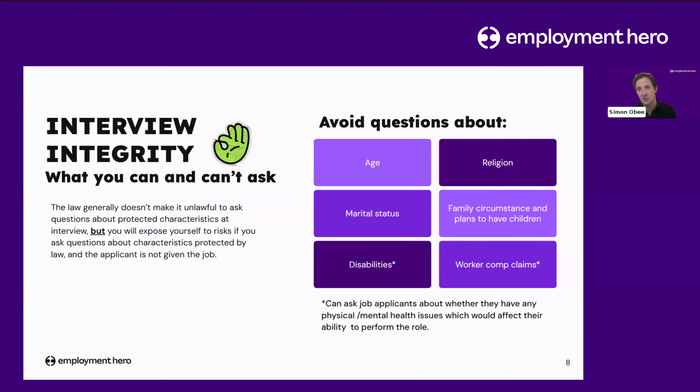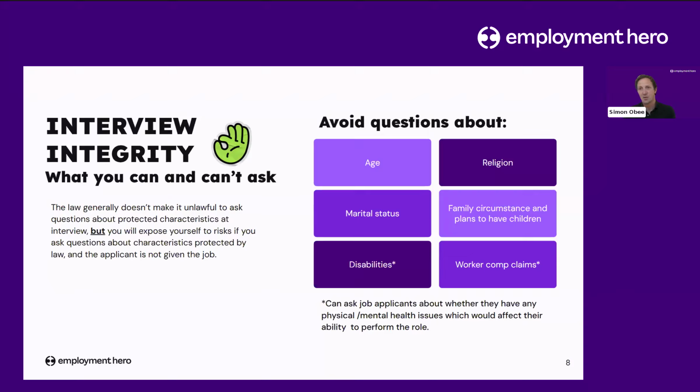We wanted to talk quickly about interview integrity, what you can and can't ask in job interviews. I think this is an area where there is a bit of misinformation out there. When I've looked into this topic before, you see a lot of commentators saying it's against the law to ask someone about their age or about their disabilities or about their religion.